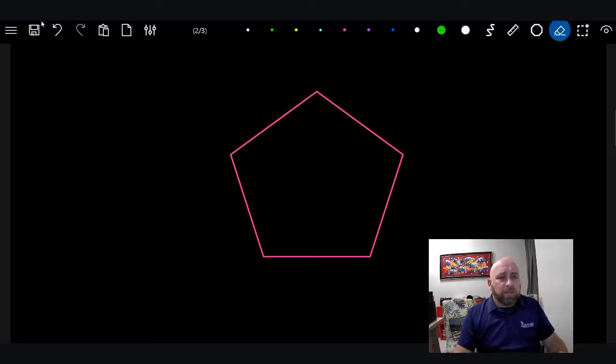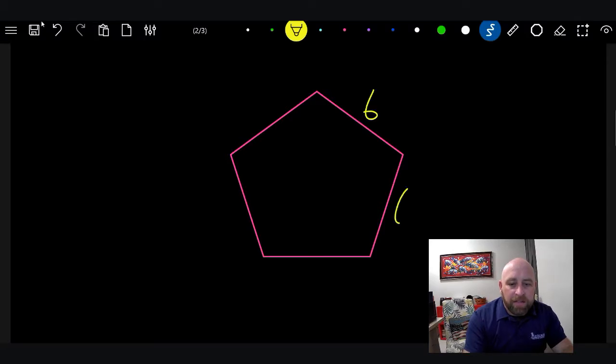If something is called regular, then it's like matching. Everything is the same. There's nothing weird about it. In other words, if this side is 6, then this side is 6, then this side is 6, then this side is 6, then this side is 6. That is a regular pentagon.